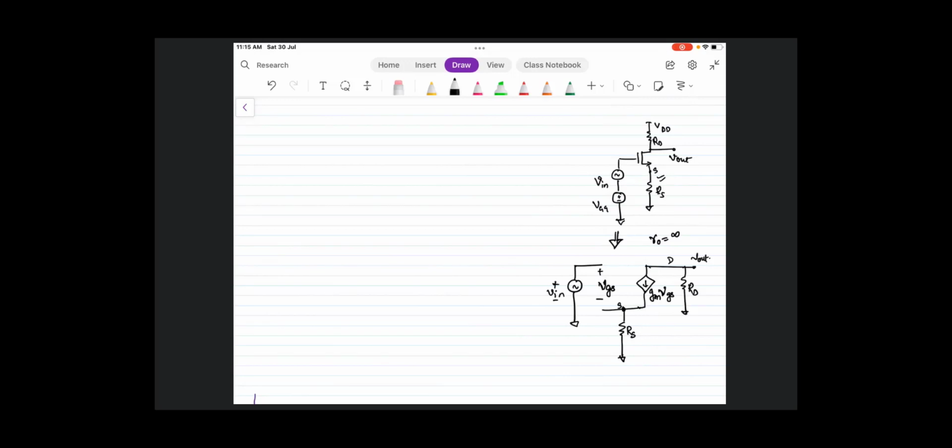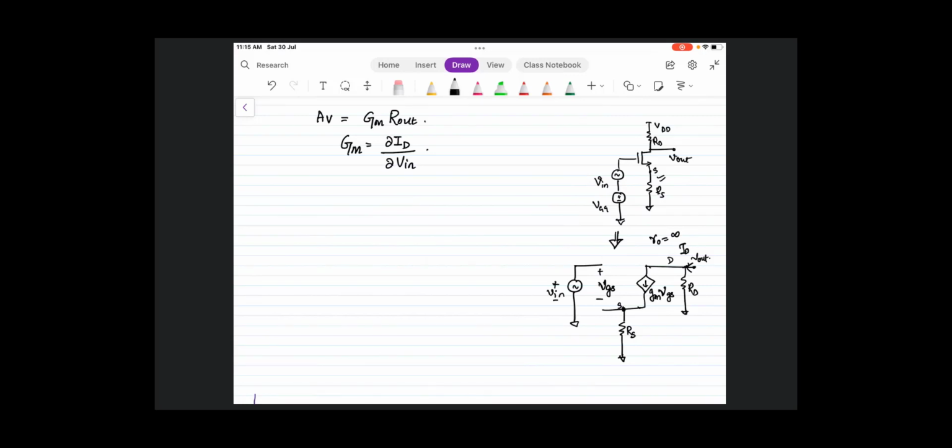Okay. So first, what is the voltage gain? The voltage gain is given by capital Gm into R out. We'll first find capital Gm. Capital Gm is nothing but delta ID, which flows from here, divided by delta Vin. Okay. So this is my Gm formula.